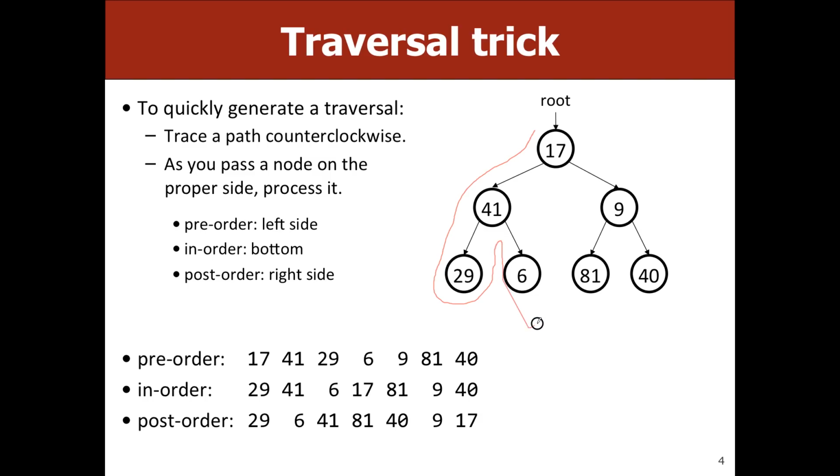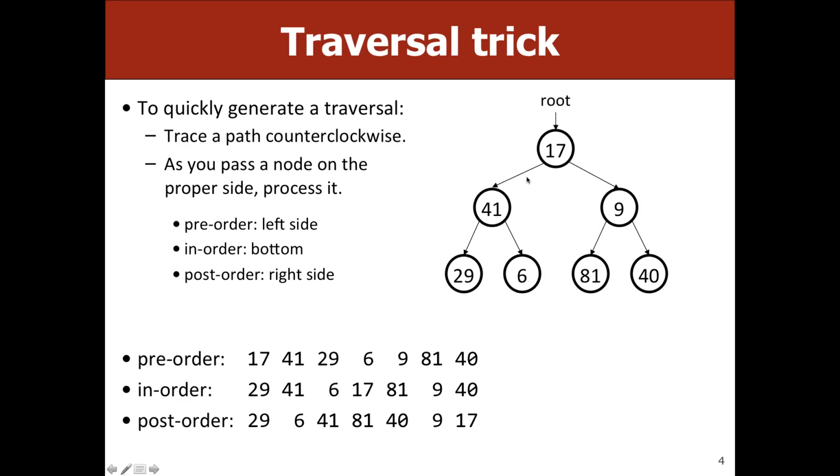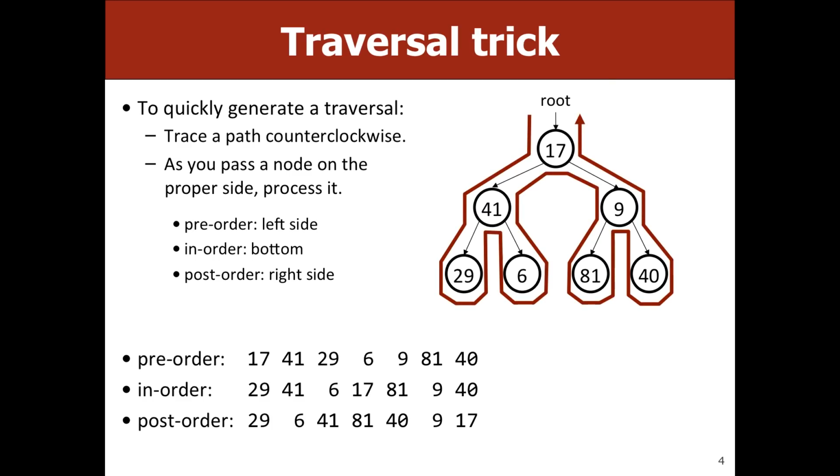We already printed out 41, and then go down to 6, and go up here. Sorry, the pen is lagging. Well, that's what it looks like after it's done. Basically you would go around and do 17, then 41, then 29, and then back, and then 6, and then past the 9, the 81, and the 40.